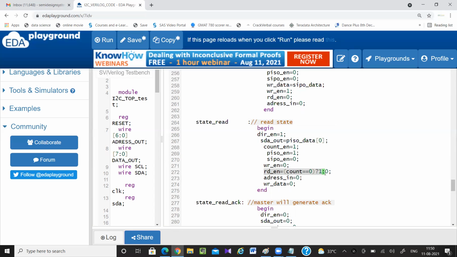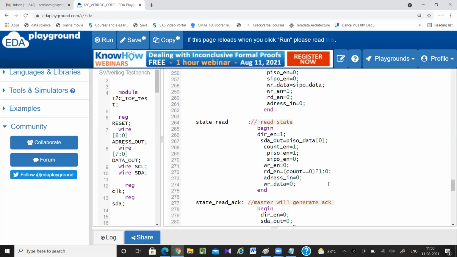Read enable equal to 1 means it is the parallel kind of thing; I am reading in parallel, then I will transmit it serially. So I just need 1 clock cycle. When count is equal to 0, at the initial state, data will get read from the slave. Then my read enable will become 0.